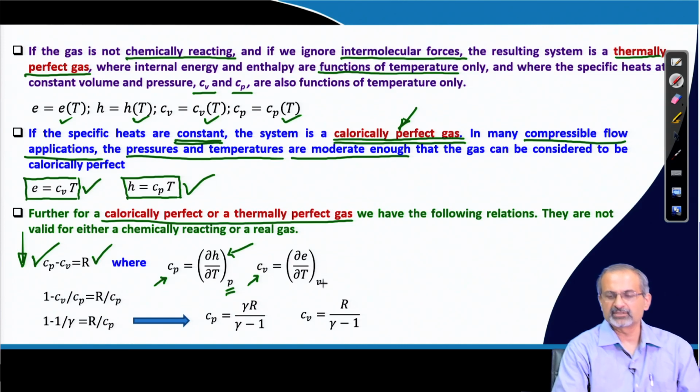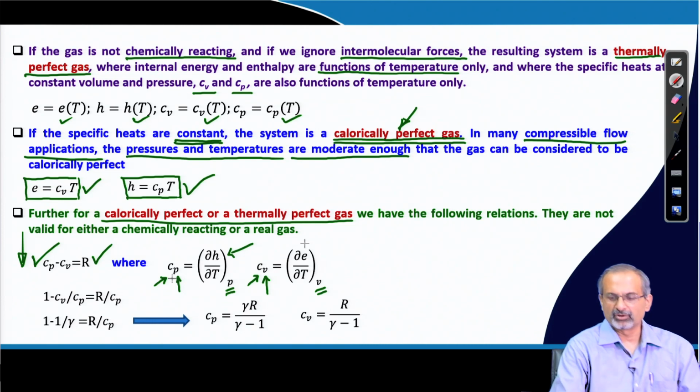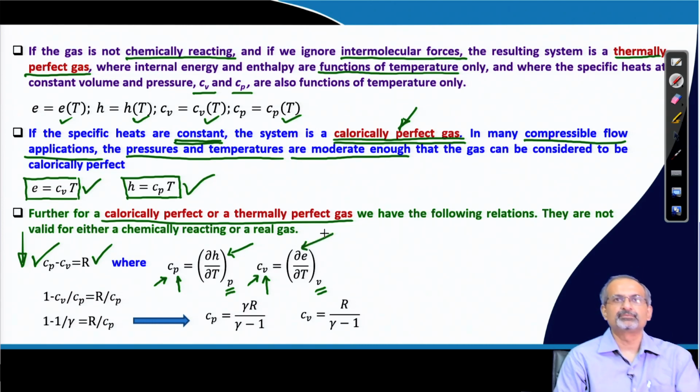So, this is at constant pressure, this is at constant volume, and therefore, they figure here in the respective specific heats. You need to recall that the partial derivatives are taken of either enthalpy or internal energy. So, it is enthalpy in the case of Cp and internal energy in the case of Cv.